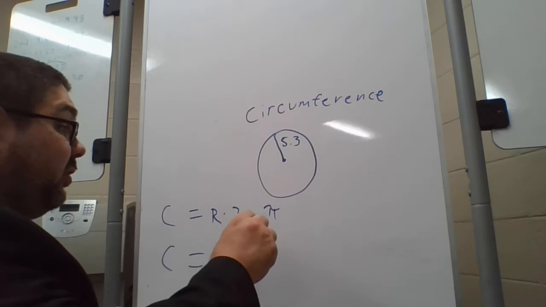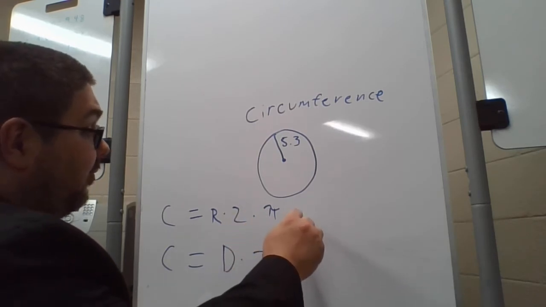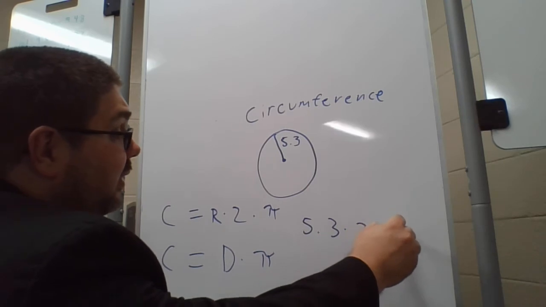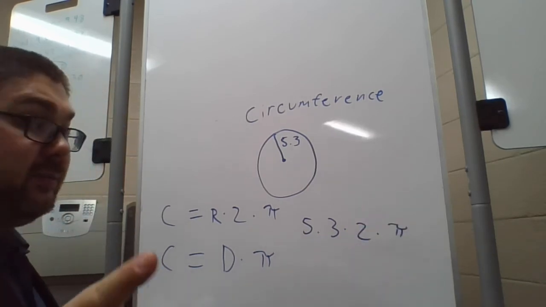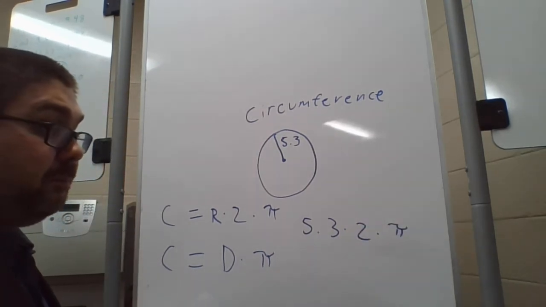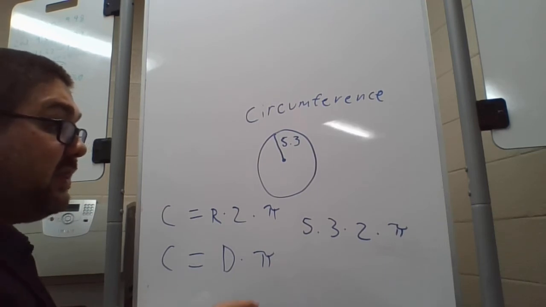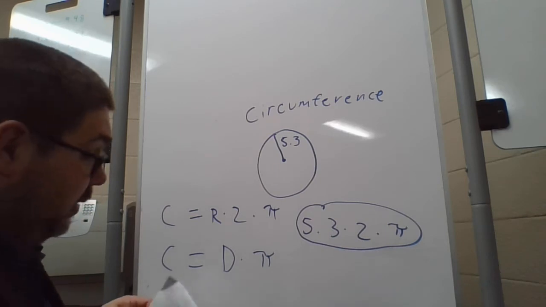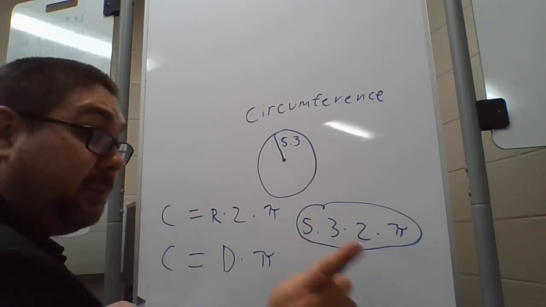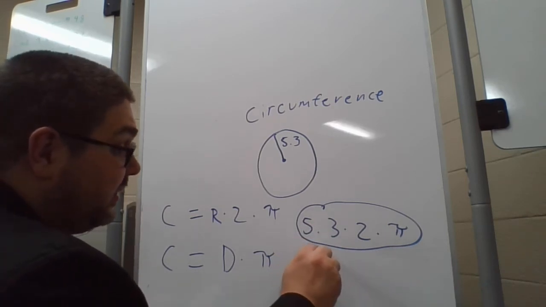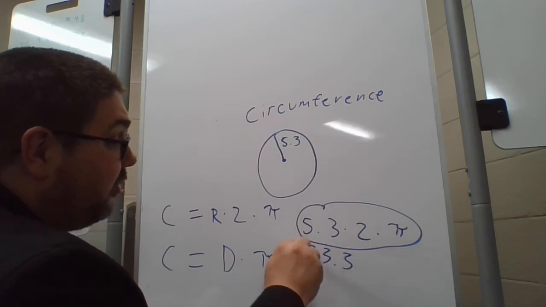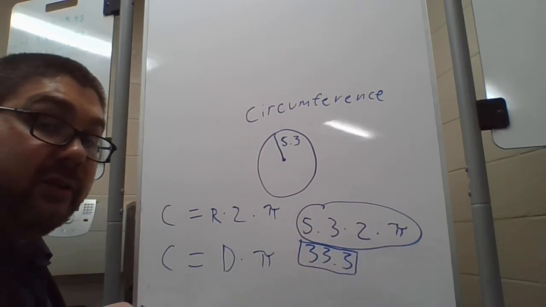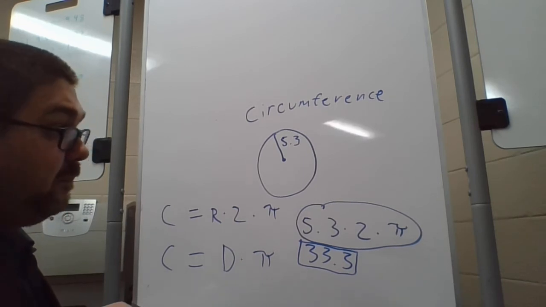We have a radius, so we can do 5.3 times 2 times pi. And I know that's a funny looking problem. But you put this in the calculator, and it will give you approximately 33.3. I rounded to 1 decimal place.